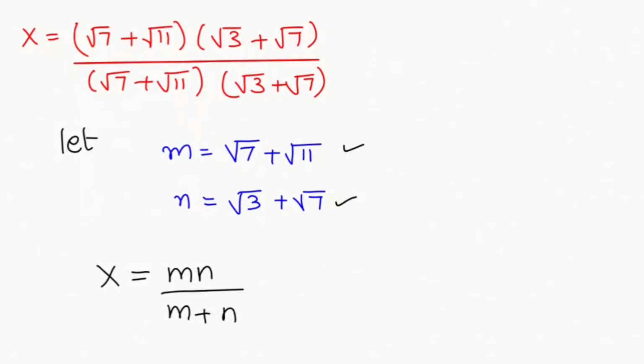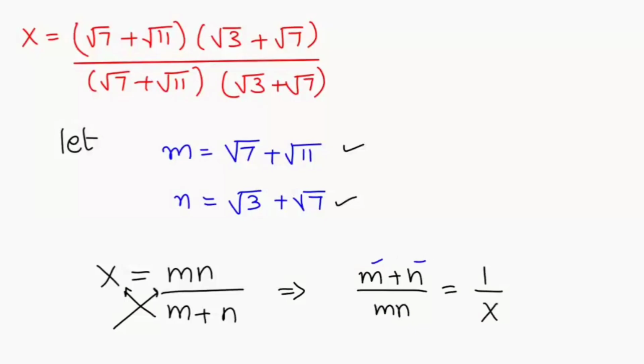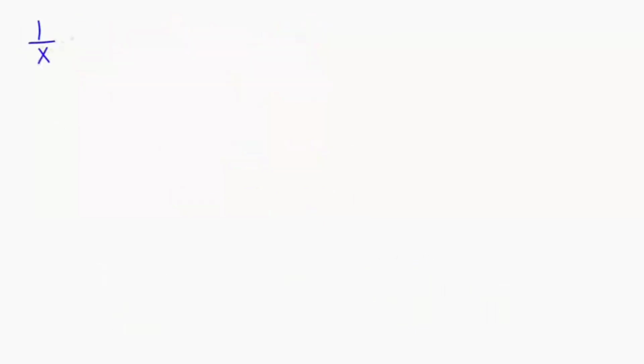Now I am going to do the cross multiplication here. So here we will get m plus n over mn equals 1 over x. Now this mn is dividing with both these terms, so I am going to write 1 over x equals m over mn plus n over mn.